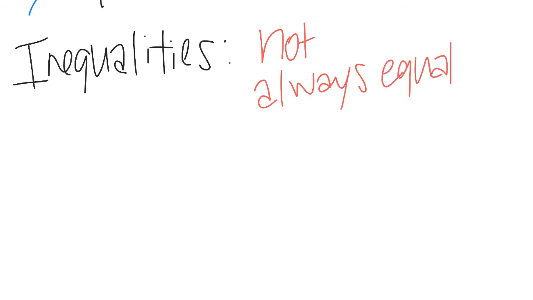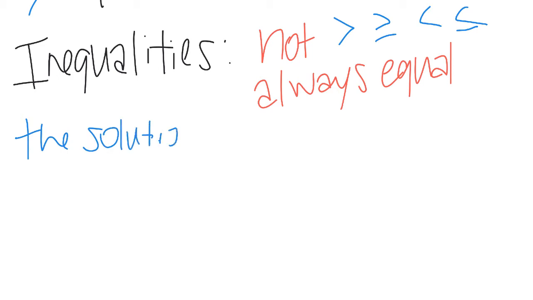An inequality has four symbols: greater than, greater than or equal to, less than, or less than or equal to. And with inequalities, the solutions are points that are in the shaded regions.